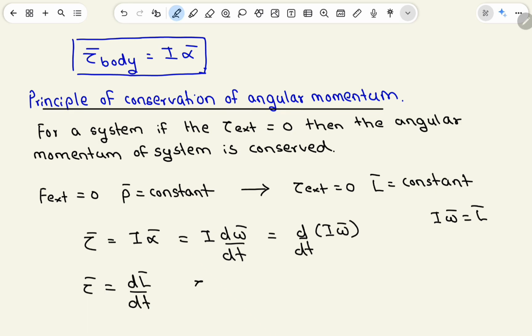If tau bar is equal to 0, that is, the external torque is 0, then the derivative of the angular momentum with respect to time is 0. And we know when the derivative is 0, the quantity being differentiated is constant. So L bar is constant, meaning that the angular momentum is conserved.